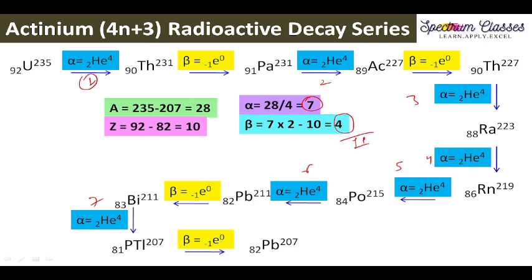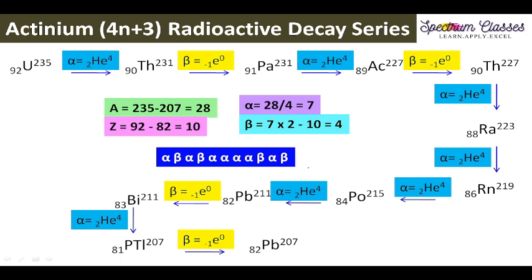Now the important point is how we are going to memorize this series. It is actually a very easy series to memorize, because in this series we have alpha beta, again alpha beta, and alpha beta. So this is the actinium series, so you can memorize uranium actinium series. If I draw, this is symmetrical actually, in this manner you can see.